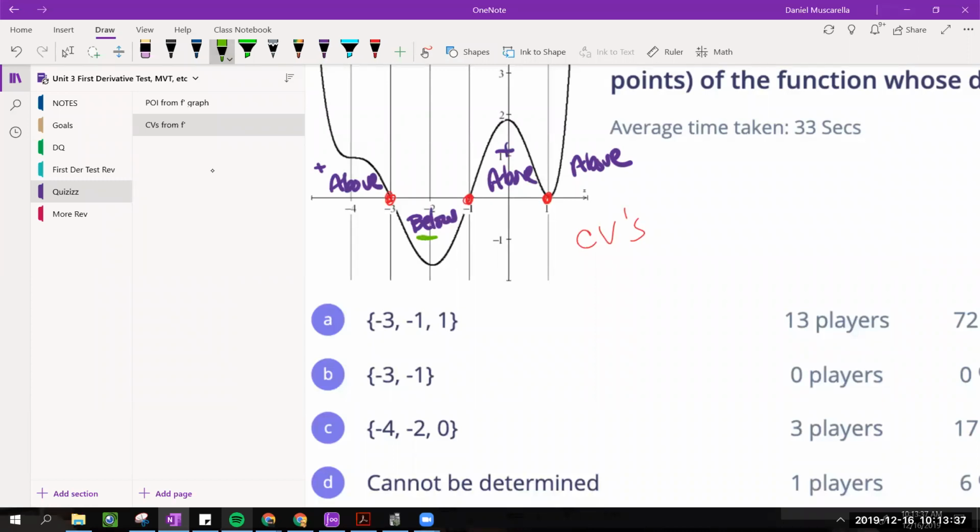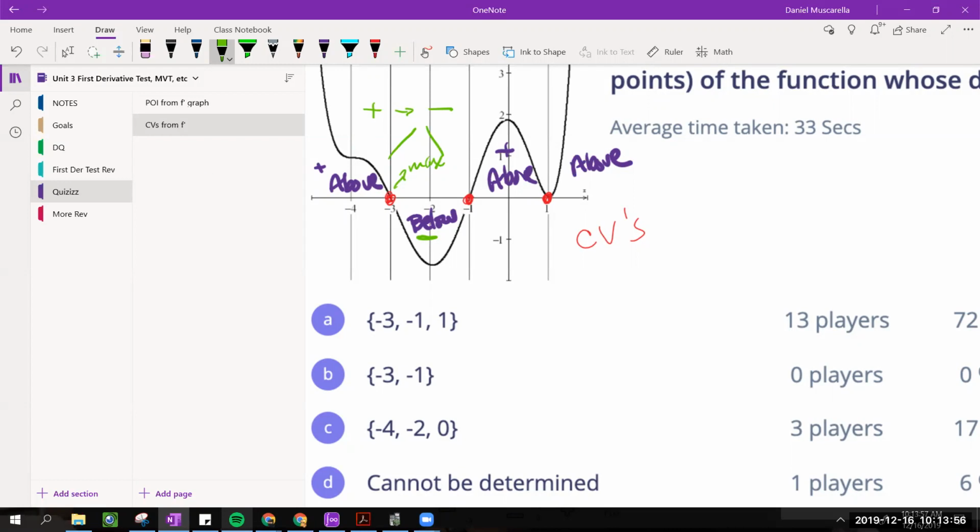So if your first derivative goes from positive to negative, you're increasing and then decreasing, that's why that part is going to be a max. Does that make a little bit more sense?